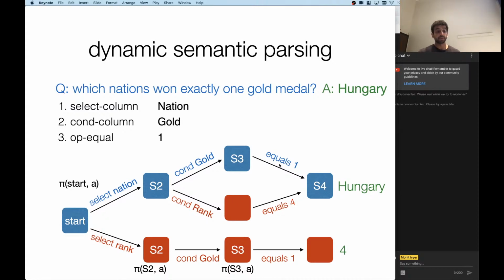So although the blue path is the one that we want to maximize, we might, in our beam search, actually end up with a path like this one, where it executes to the correct answer, but it's not really the right path, so it doesn't give a great learning signal for the model. That said, this is not entirely unreasonable path during training, because at least part of the logical form was correct.